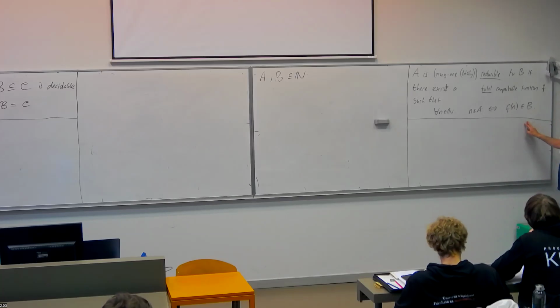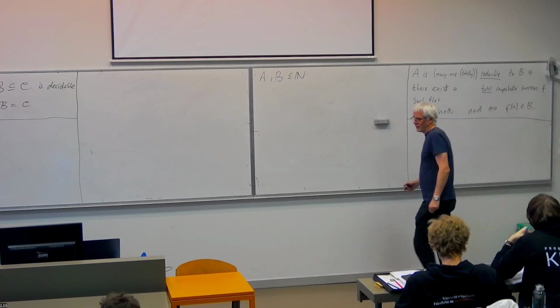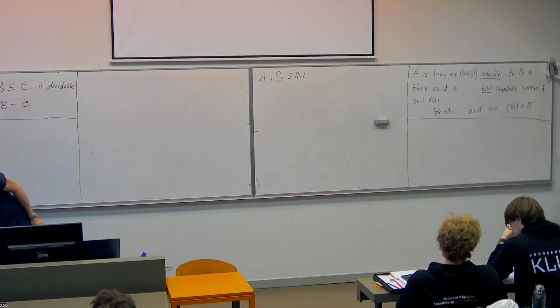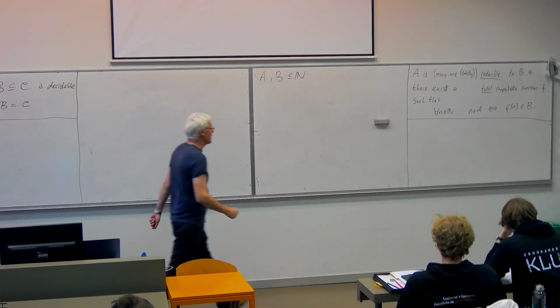And why is this useful? Well, as I say, you can reduce membership in A to membership in B. So, I don't know if it's a lemma or a proposition in the notes. Let's be consistent: the reduction lemma.